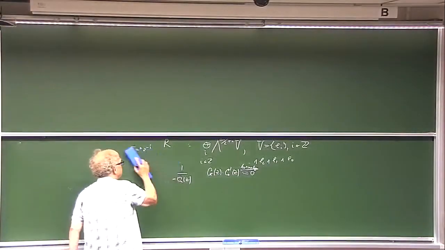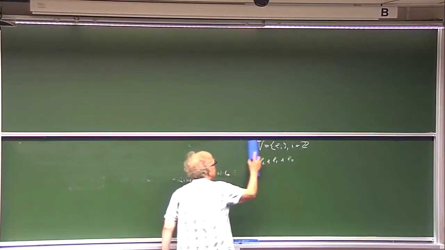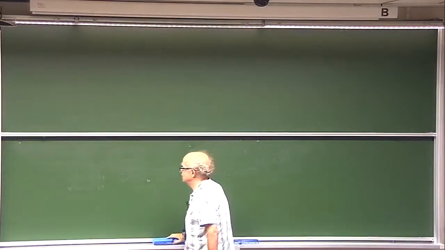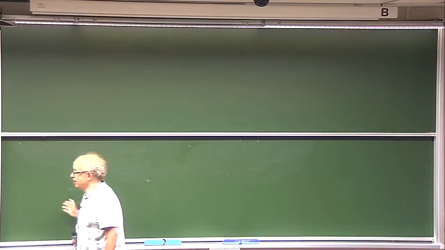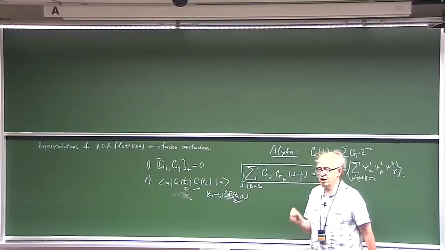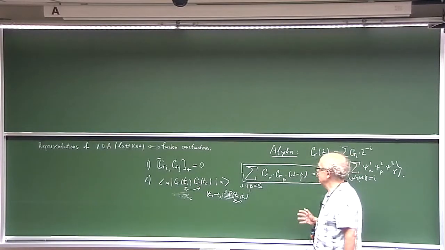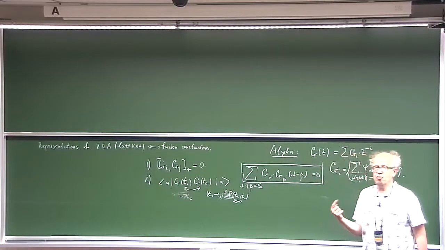The exercise which I want to discuss now: we had some construction, and this construction gives us G_i, which satisfy this condition. But now we want to go the opposite way.